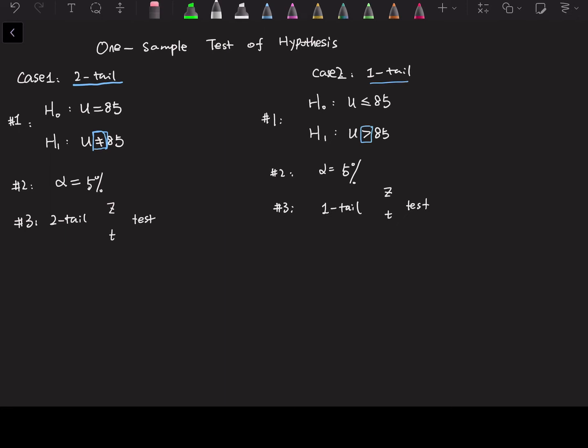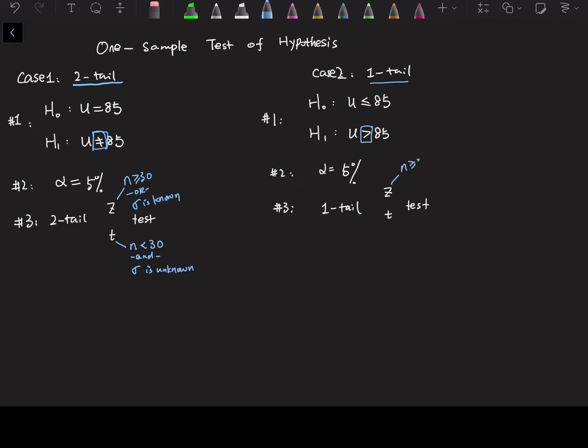We talked about the T statistic and the T distribution in the previous video. Again, if the sample size is large enough, or the population standard deviation is known, we use Z test. If n is a small sample, and the population standard deviation is unknown, we use T test. Okay, same thing.